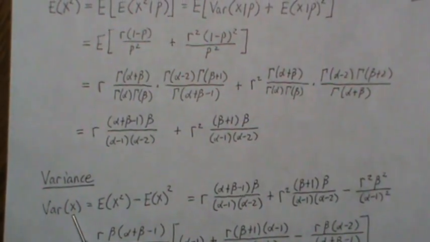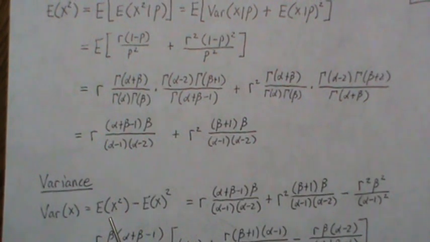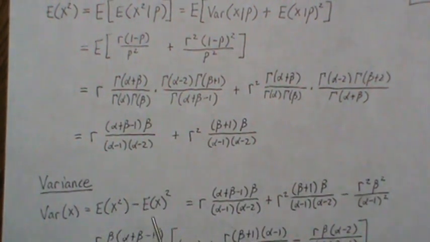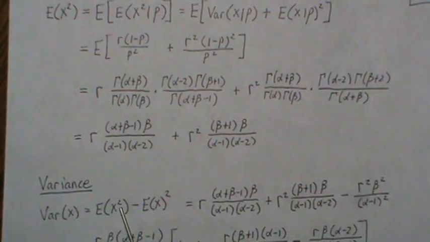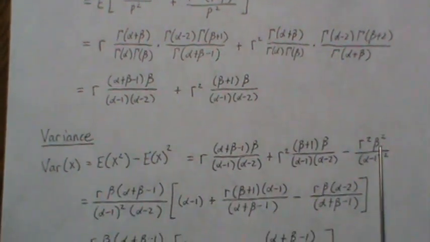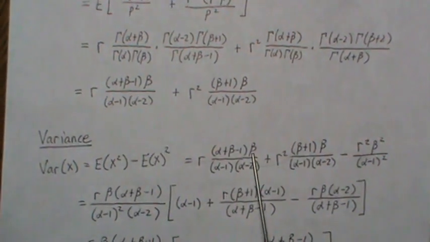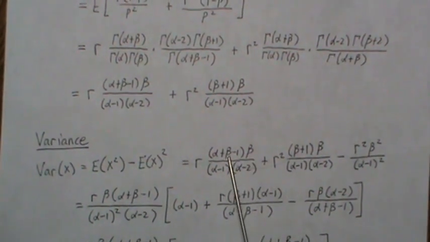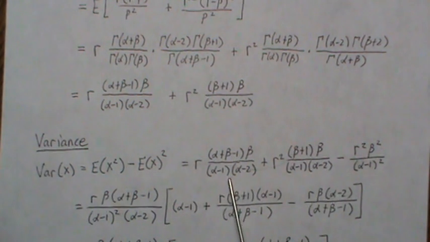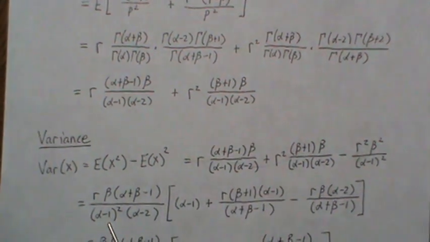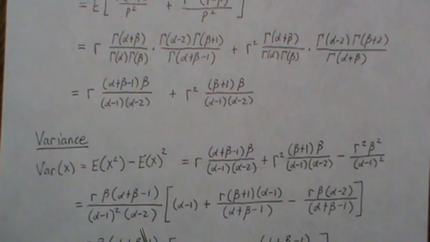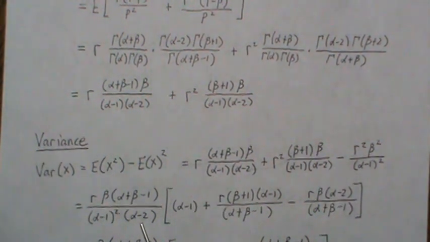So the variance of x is equal to the expected value of x squared minus the mean squared. And we just calculated this. And so we plug those here. And the mean we calculated on the first page and we square it. Now we start simplifying. I factor out an r, a beta, an alpha of beta minus 1, and this alpha minus 1 squared over alpha minus 2.